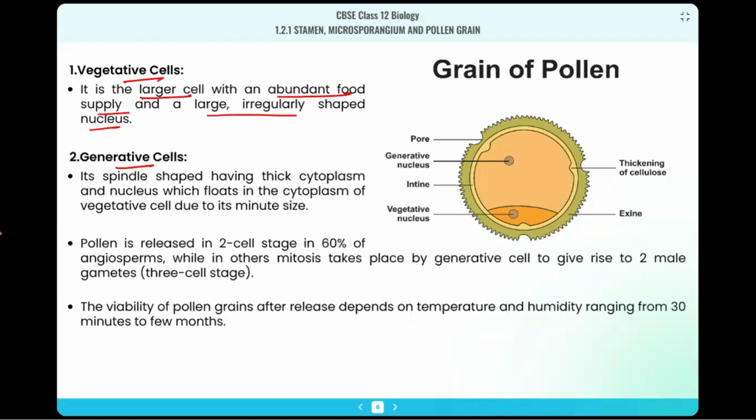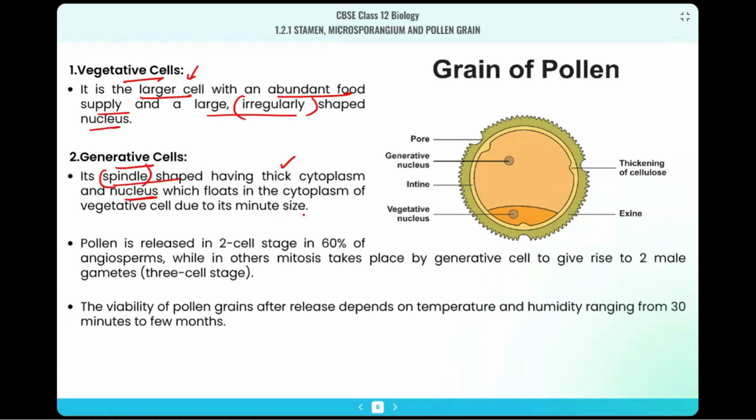Whereas the generative cell is spindle shaped, having thick cytoplasm and a nucleus, and it floats in the cytoplasm of the vegetative cell due to its minute size.